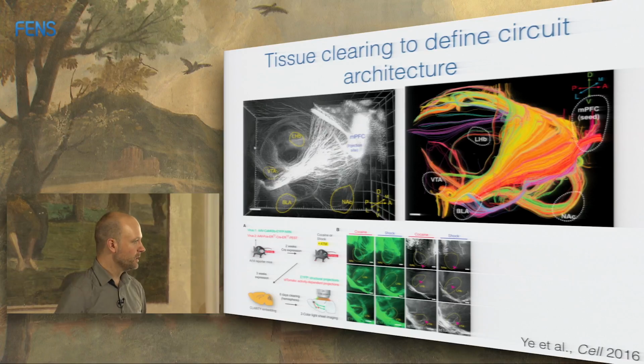The problem is that slicing the brain is obviously disrupting these connections, so it makes it hard to actually trace where things are going.